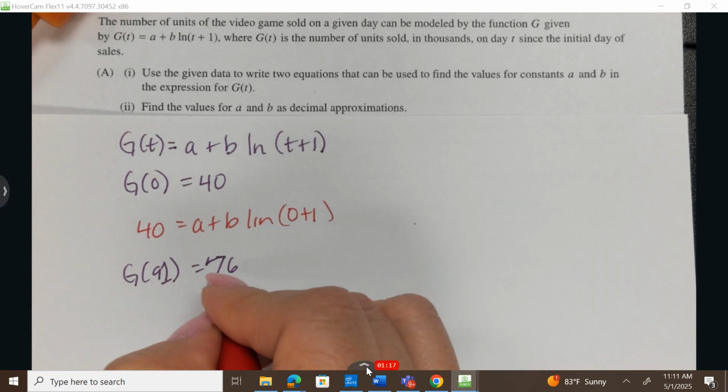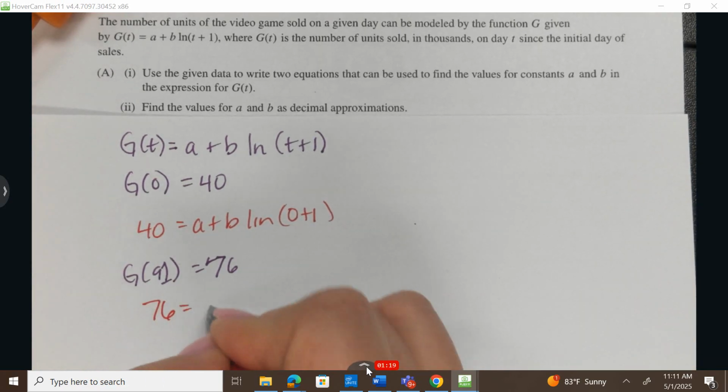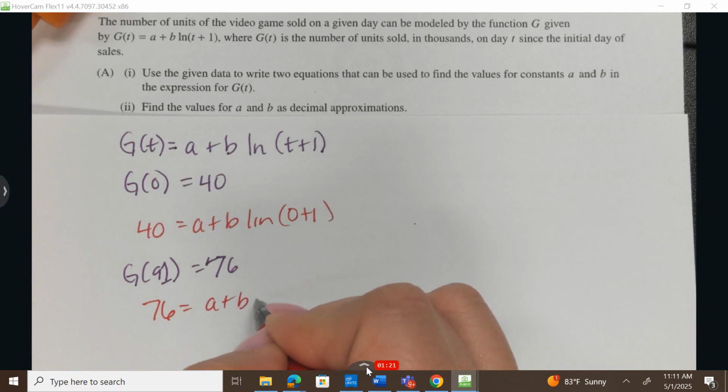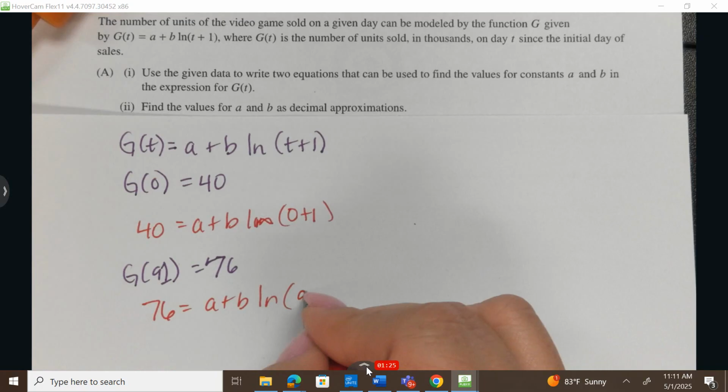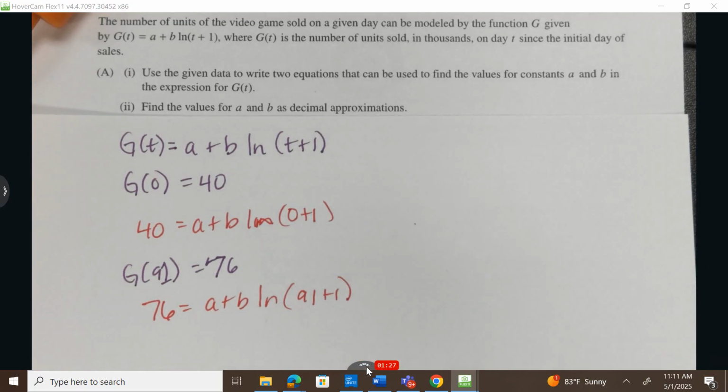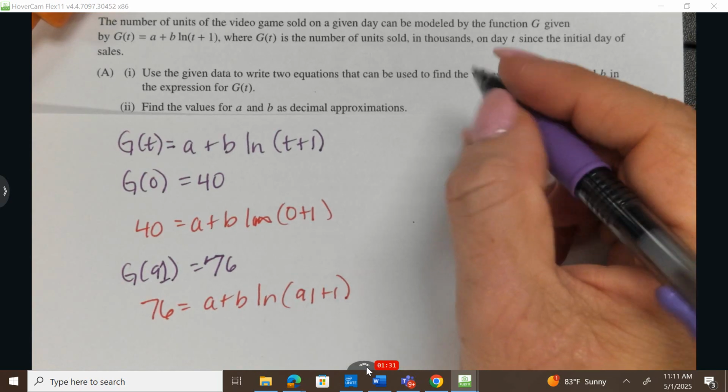Our next equation is 76, so 76,000 is A plus B ln of, again, 91 plus 1. Those are my two equations. And then in the next part, we're actually going to solve.